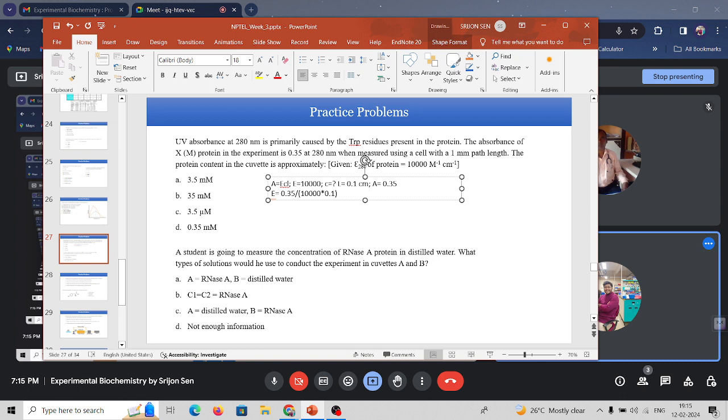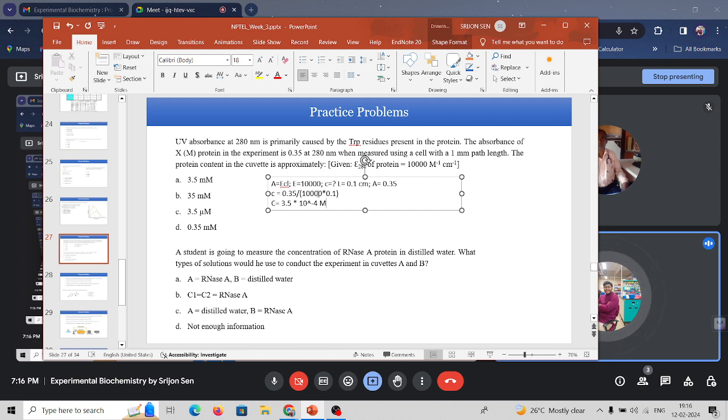Sorry, this would be C. So we get it as 3.5 into 10 to the power minus 4 molar.